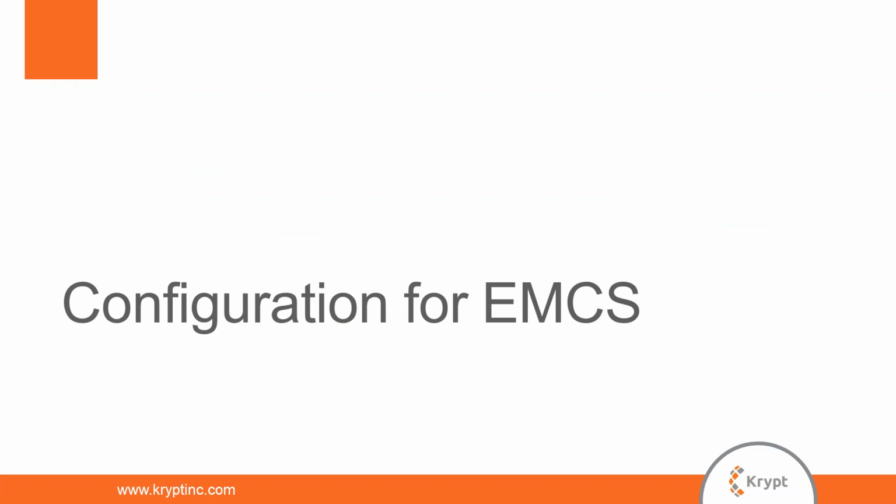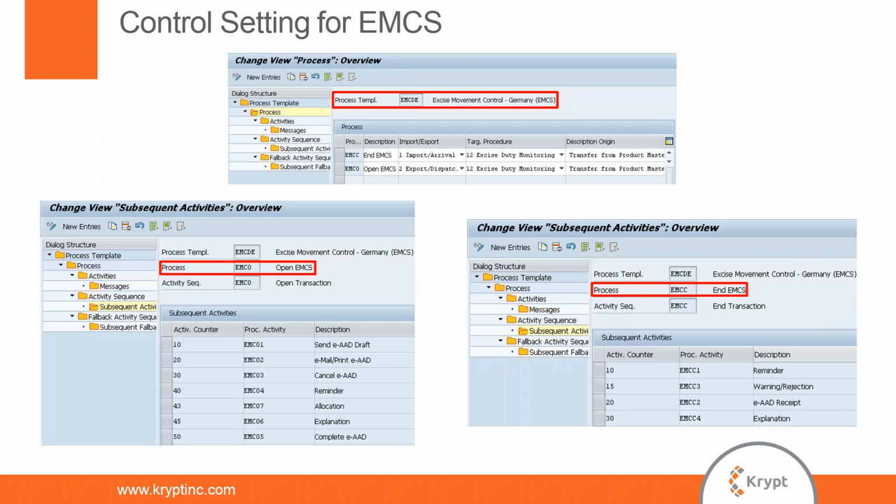Now, from the configuration standpoint, there is a lot of configuration involved. But I will quickly show, process template-wise, what the various messages configured are from the consignor as well as the consignee perspective. From the consignor's perspective, there are certain messages configured, as you can see at the bottom right, like sending off the EAD document, sending an email, canceling the EAD document, sending any reminder messages, any explanation.